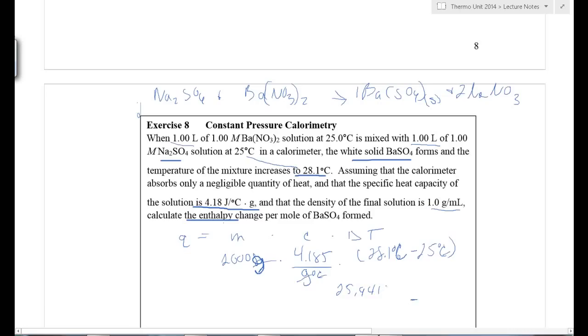Okay, so my units are joules. Looks like I want 3 sig figs. So it's going to be 25.9 kilojoules per mole of reaction. It's going to be negative, though, it's exothermic. Okay.